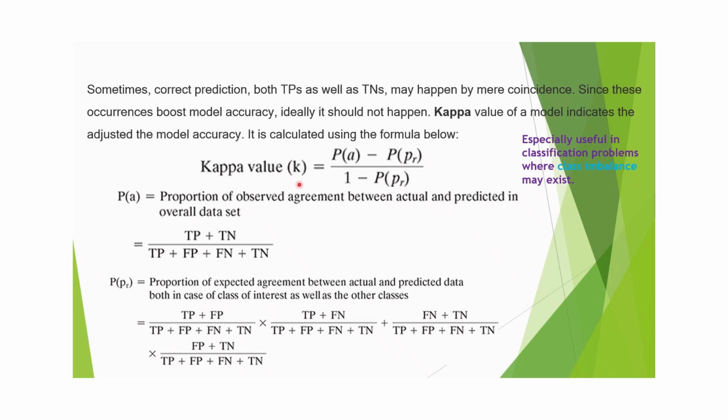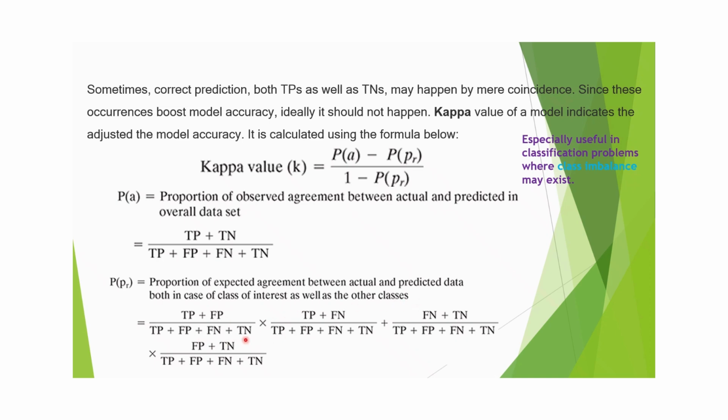So kappa value equals PA, which is model accuracy, minus PR divided by 1 minus PR, where PR is equal to the proportion of expected agreement between actual and predicted data, both in case of the class of interest as well as the other classes.